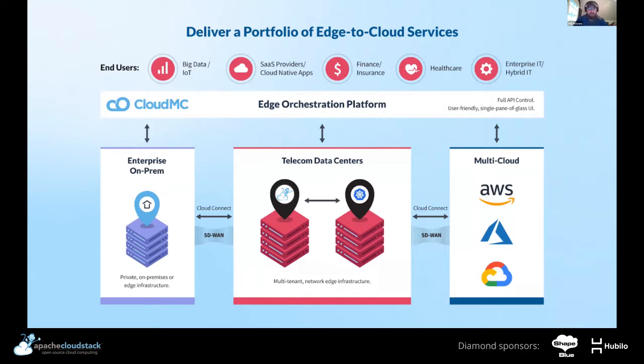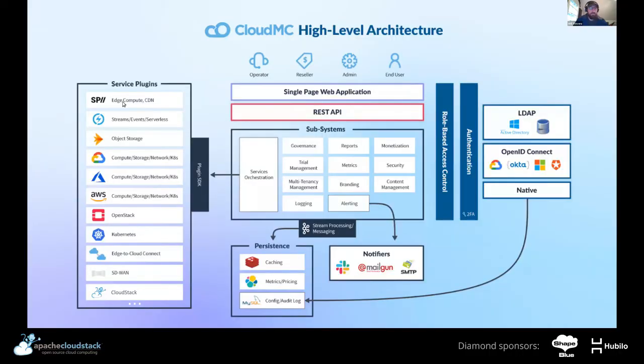To give you a bit more of an idea of what CloudMC is capable of, here are some of the existing plugins that we have today. You see CloudStack here, but we also have StackPath and Swift, which is object storage from the OpenStack project, all the public clouds, OpenStack, Kubernetes, and so on, some networking ones as well.